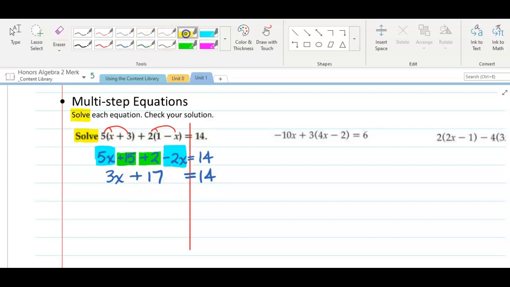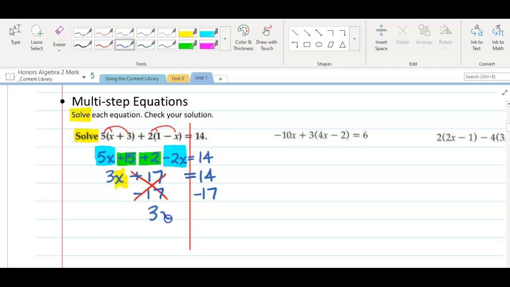Now, our goal, if you recall, solve, get the letter by itself. How can we get x all by itself? Well, we have to get rid of the 3 and the 17. We're going to start by getting rid of the 17. Remember, we want to cancel it out. We want to do the opposite.